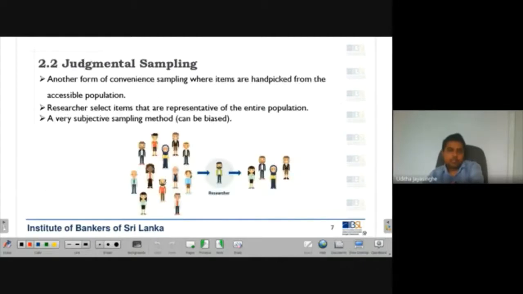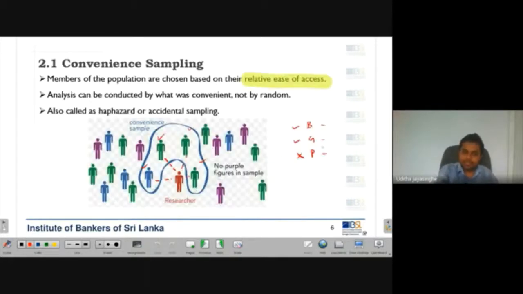Second one, judgmental sampling. This is also another form of convenience sampling where the items are selected from the accessible population. Now, one may ask, what's the difference between this and convenience sampling? In convenience sampling, the important thing to identify is that the researcher selects the sample based on his or her convenience, easy access, practicality.